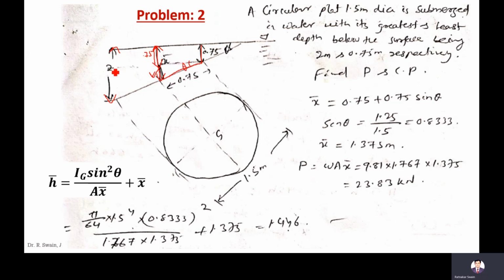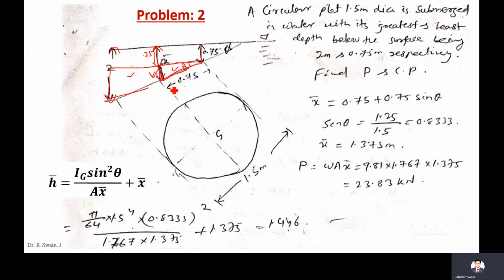If you take this triangle, this total triangle and this small triangle are similar.